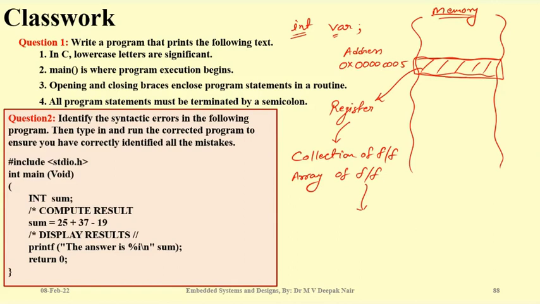What is flip-flop? Flip-flop is a digital device, and in a digital device it can be 0 or 1. So when you declare a variable and do not initialize it, some of the flip-flops will be 1, some will be 0.